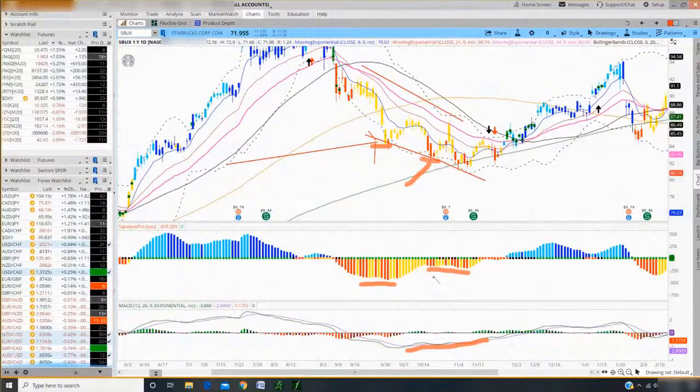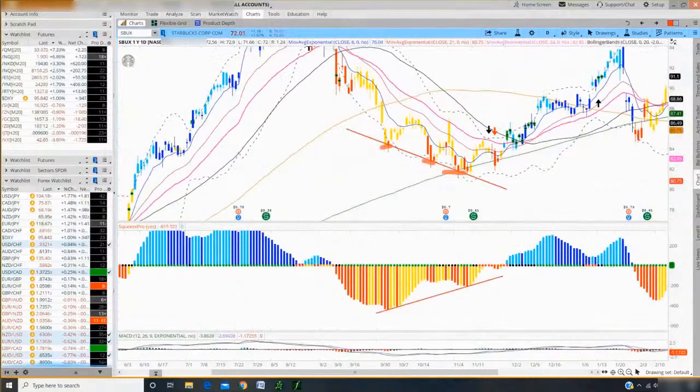Okay, so you can already start to see the momentum on the TTM squeeze, the bearish pressure is dying down. This hump right here is above that hump, but then price is lower than that price here. Now, take a look at that little hump right there.